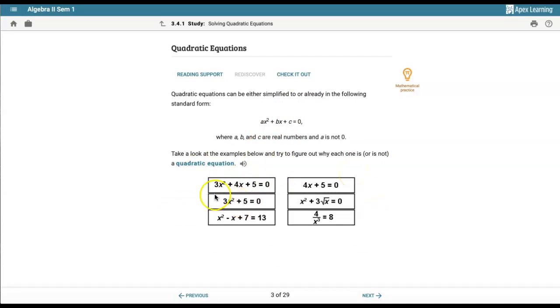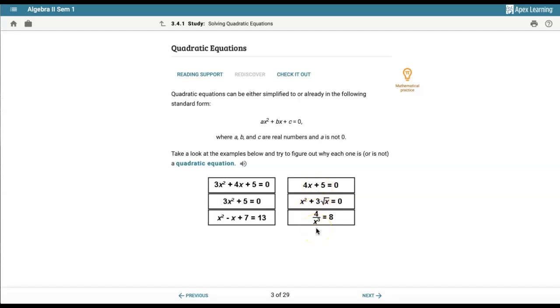All right, so first off, this one is a quadratic. Okay, so is this second guy here, and so is this third one. All right, they all have x squared, right? This one just is not in the standard form. We would move that 13 to the other side, and we would have a quadratic equation. All right, and then looking at the rest of these, this right-hand side, these are all not quadratics.